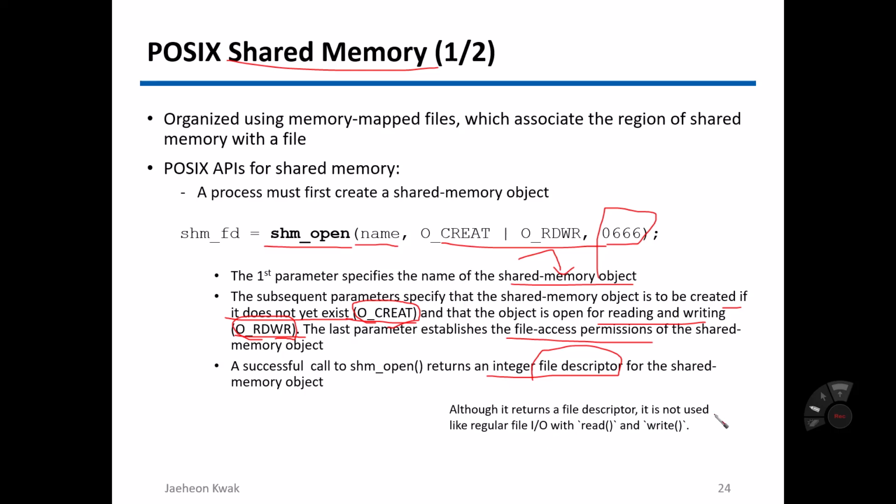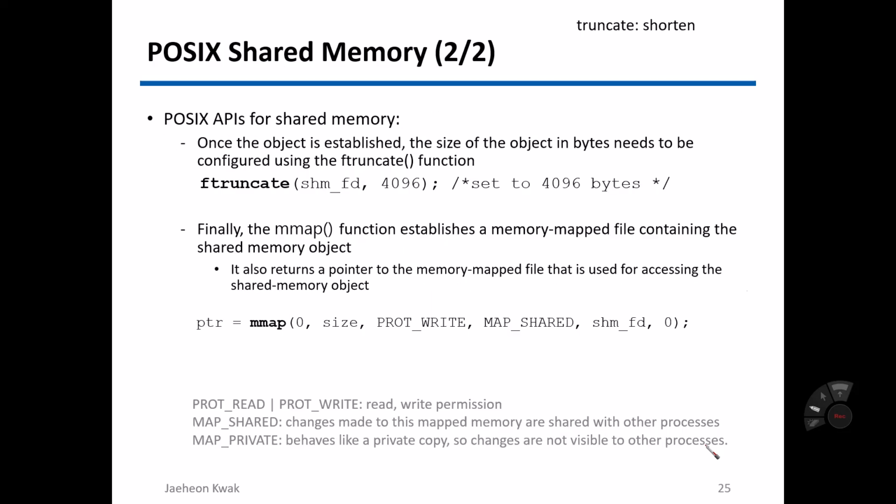Actually, they will not be used like real files, like through read and write functions. After getting the file descriptor, we have to declare the size of the shared memory. By using this ftruncate function, we can set its size.